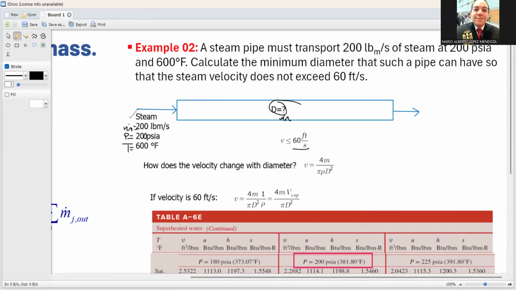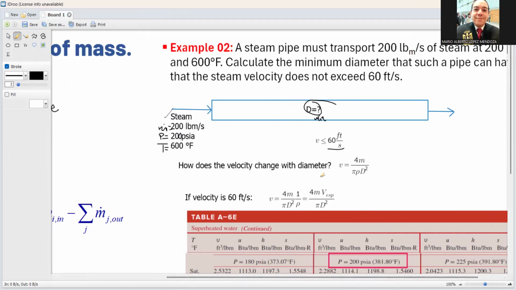So I have rewritten this equation in terms of the velocity in order to explain this relation between velocity and diameter. So remember that we are supposing that the cross-section area of the pipe is a circle. It is pi divided by 4 times the square diameter.